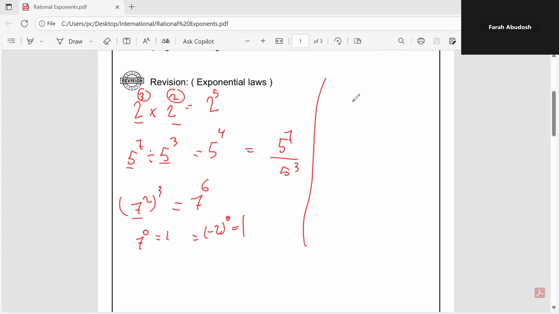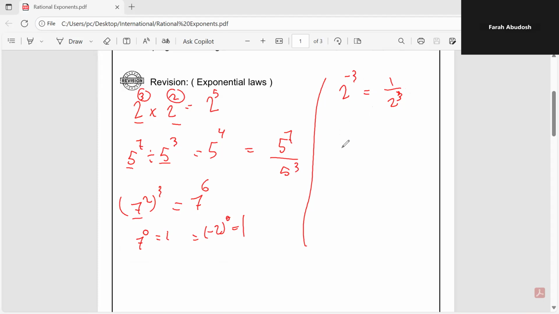And we took negative powers. For example, 2 to the power negative 3 means 1 over 2 to the power 3, right? Let us make it more complicated.